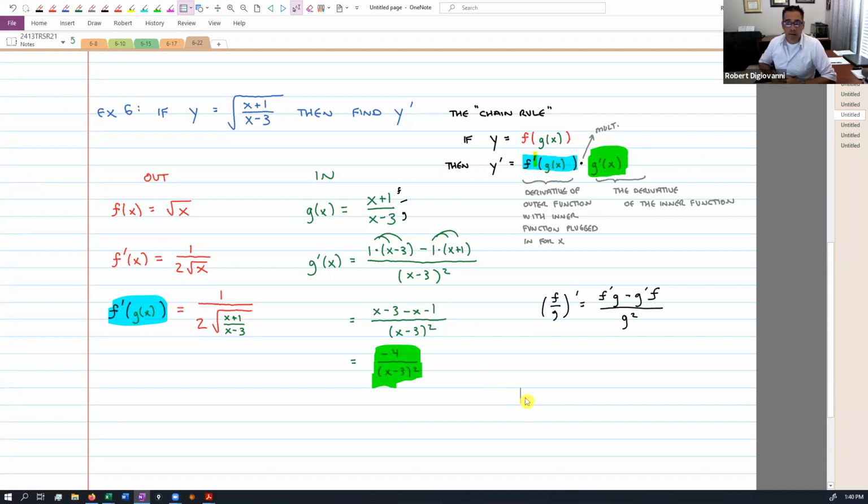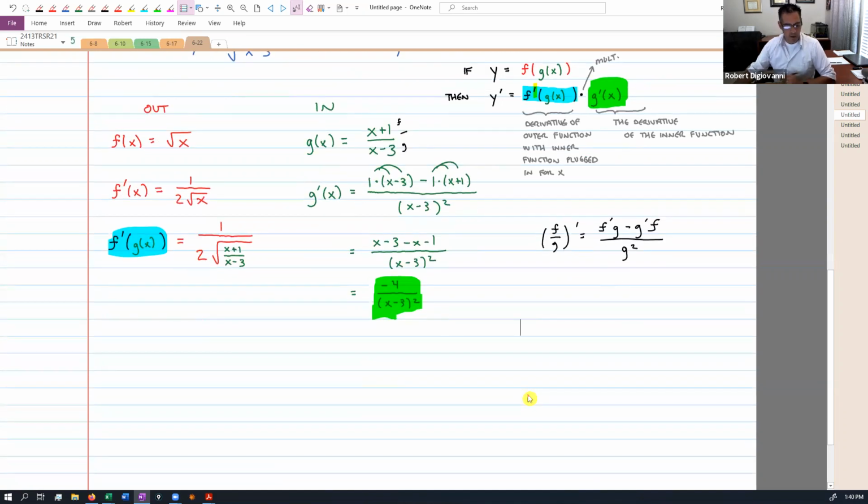Okay, we keep going, right? We're not done. I think we're ready to write the final answer down here. Y prime equals the blue part, which is all this right here, 1 over 2 square roots of x plus 1 over x minus 3, times, because it's chain rule, you always multiply, the green part, which is negative 4 over x minus 3 squared.